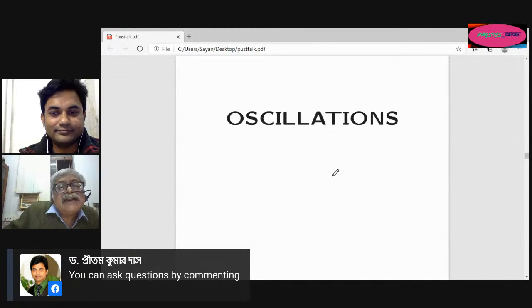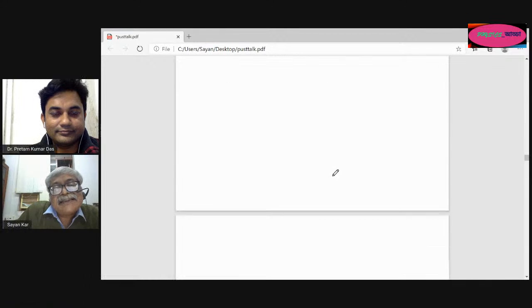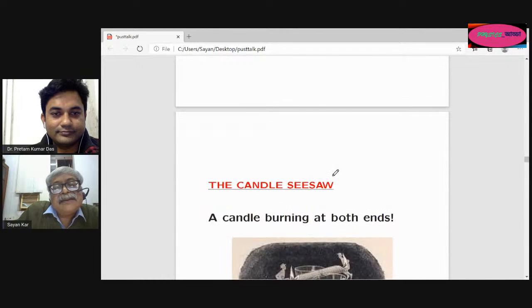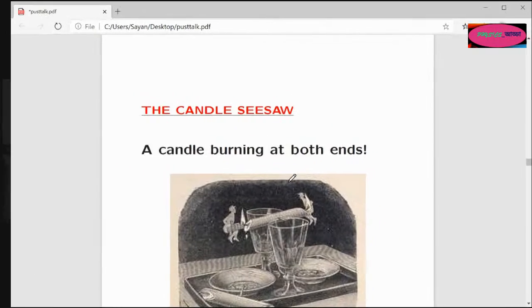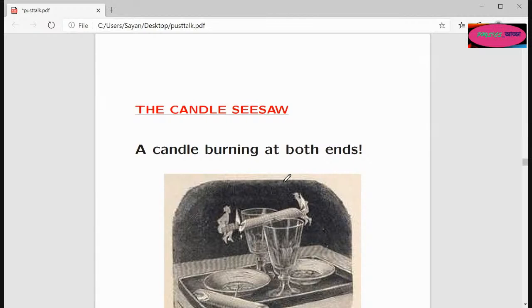So I'll do these 3 little examples, and the first example is something very intriguing which you can do yourself. But don't set things on fire. This is called the candle seesaw.